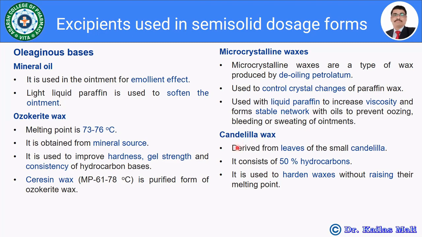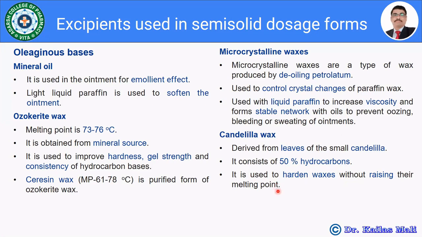Next wax is known as the candelilla wax. It is derived from leaves of the small candelilla plant. It consists of approximately 50% hydrocarbons, and it is used to harden the waxes without raising their melting point.